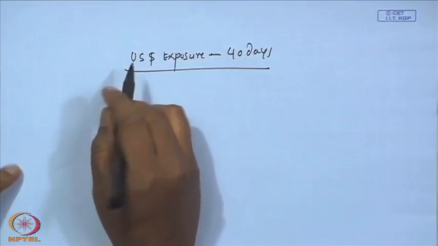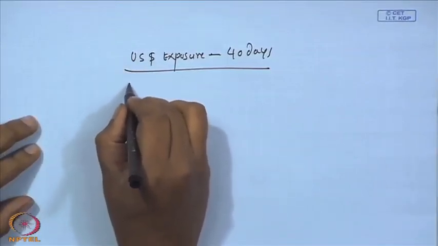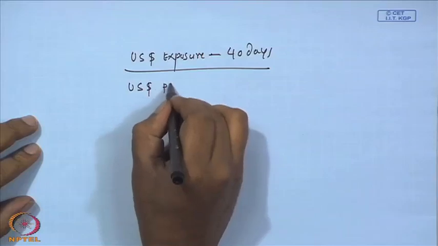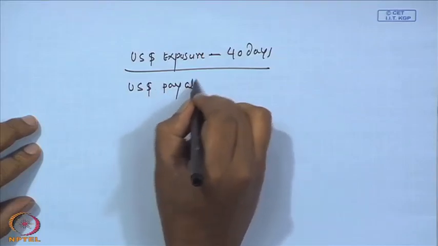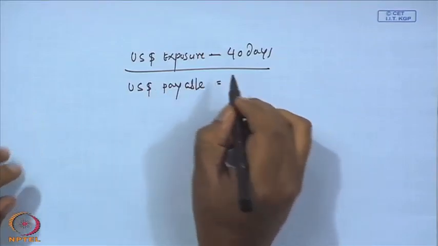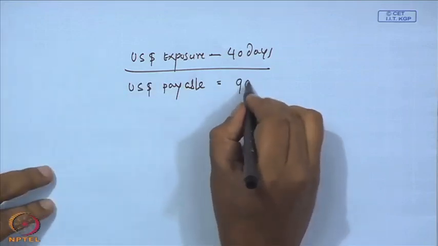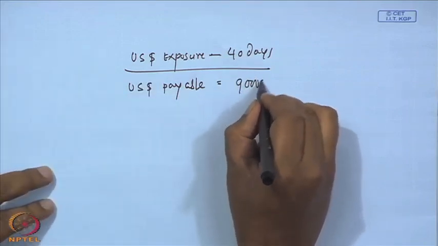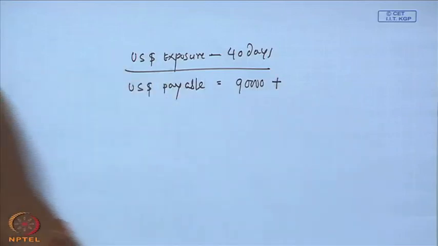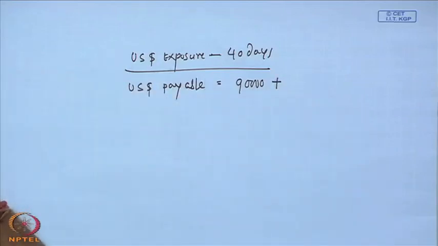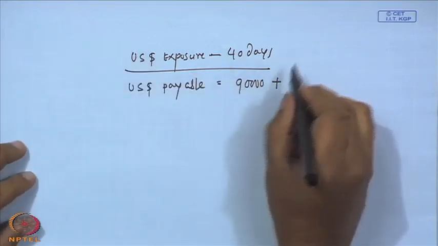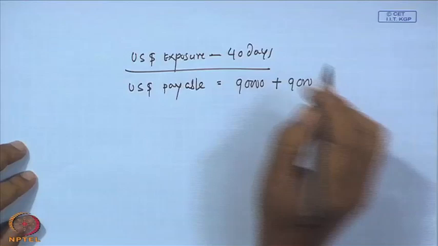On the payable side, identify the US dollar payables which are due in 40 days. The first payable is $90,000, payable after 40 days. Similarly, the US dollar interest payable is $9,000 after 40 days.